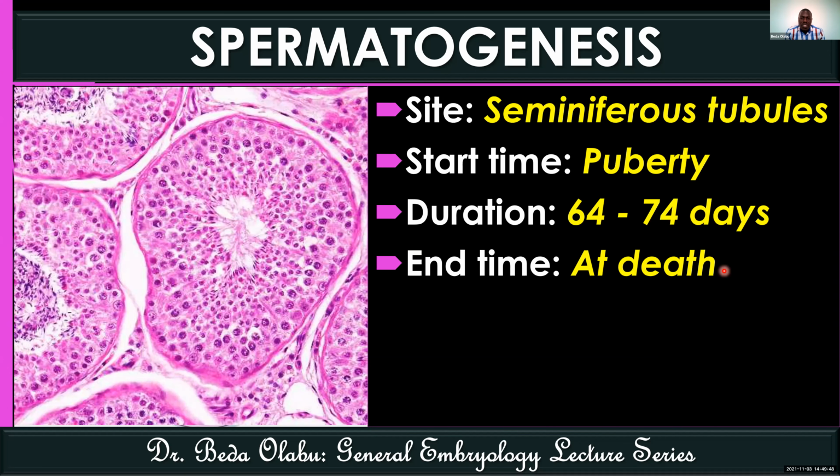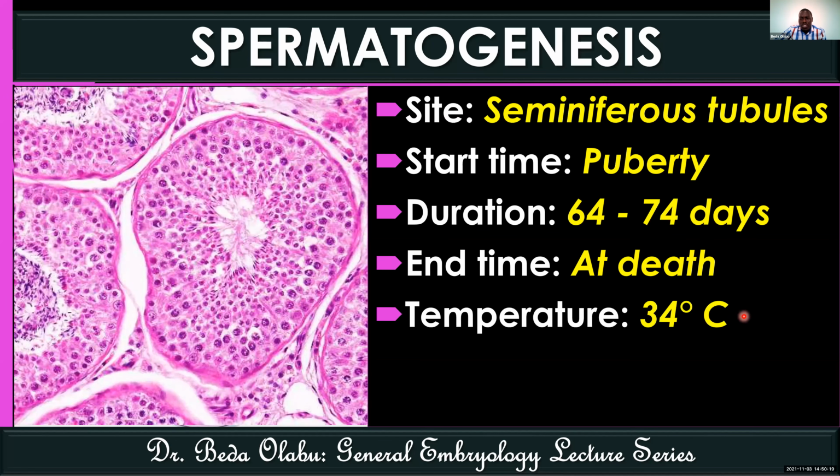The rate at which sperms will be formed in an older person may, however, be low compared to the rate at which sperms will be formed in a younger person. But either way, the sperms will still be formed. So maybe at the age of 90, 100, the rate of spermatogenesis, the sperm count might be low, but they're still there.